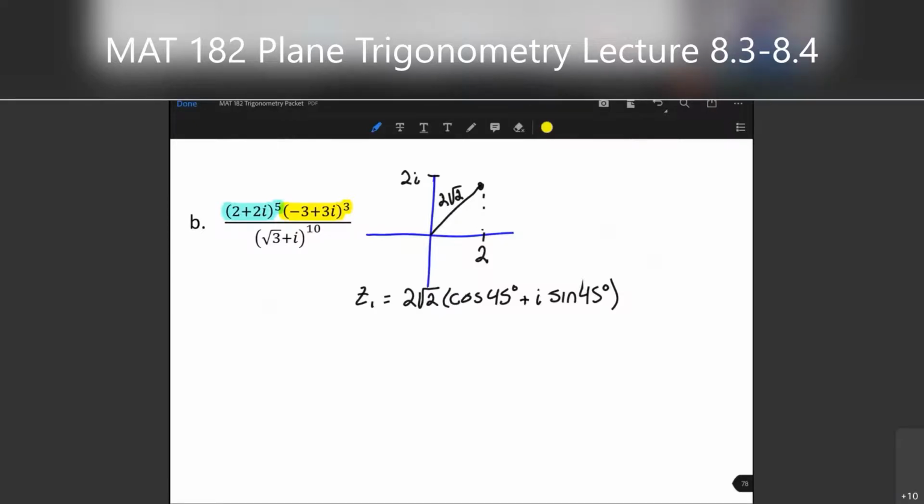All right, so let's begin again here with part B, working with De Moivre's theorem. We have 3 complex numbers in this operation. We have really a product and then a division or quotient to work with.